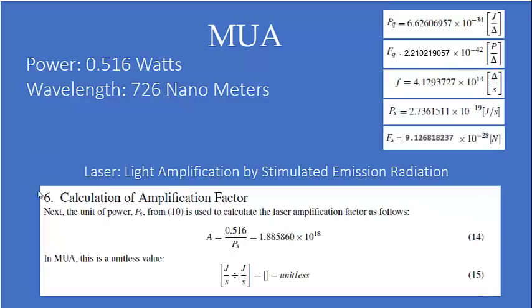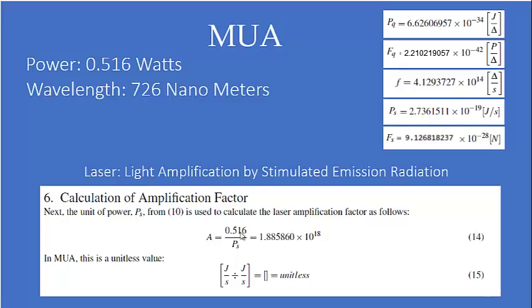Next, we're going to calculate the amplification factor of the laser. Laser literally stands for light amplification by stimulated emission of radiation. Okay, so we take the power term from up here and divide by the non-amplified power that the light would have had if it wasn't a laser.